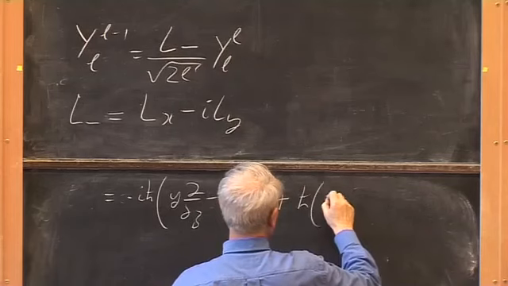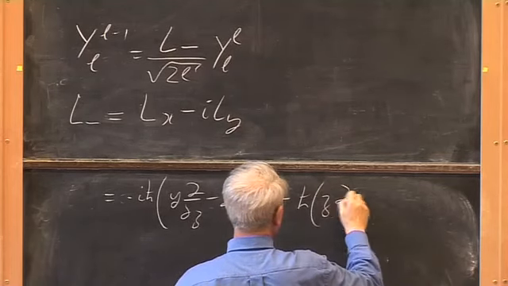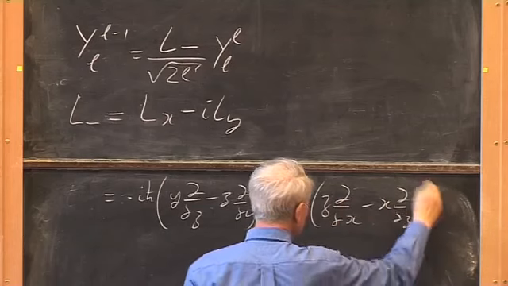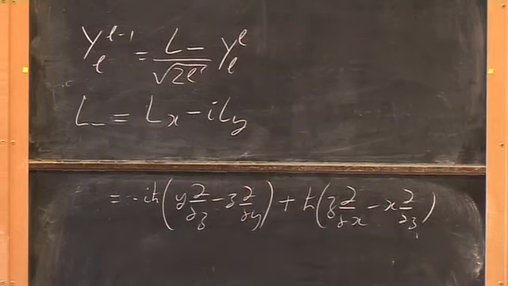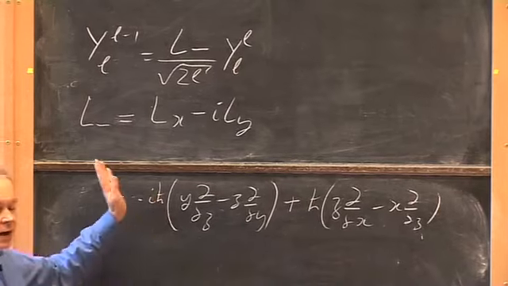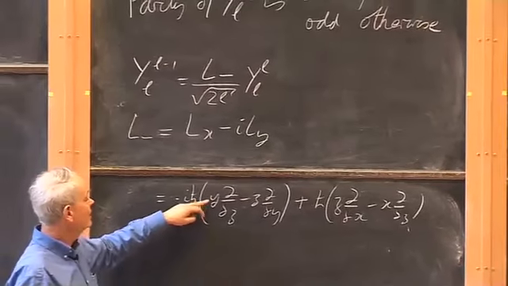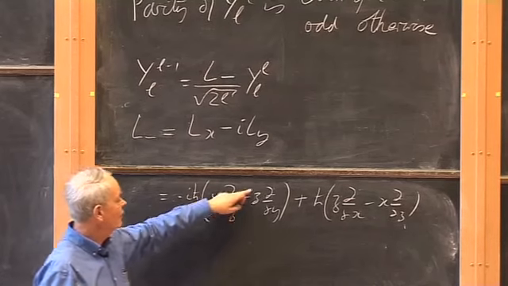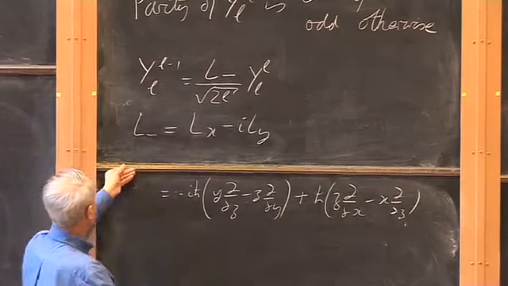It doesn't much matter. The key thing is that we have z d by dx minus x d by dz. And when we change x to minus x, y to minus y, and z to minus z, we get a change of sign here, here, and there.